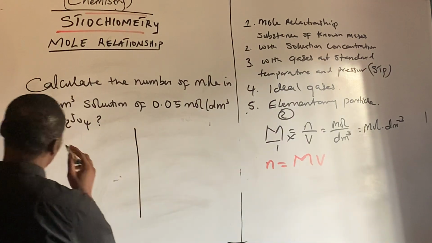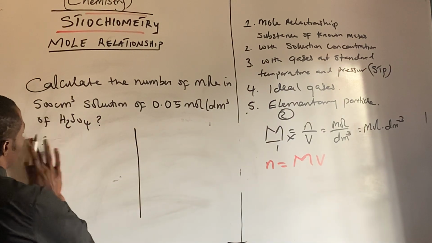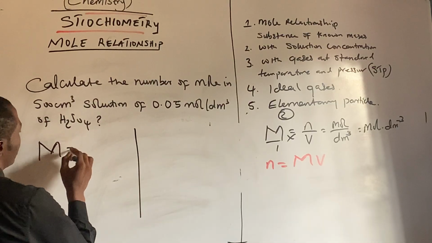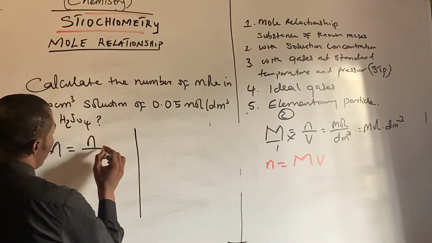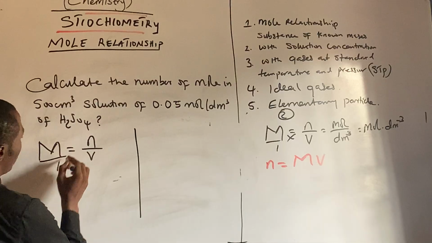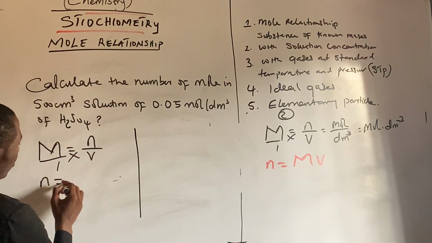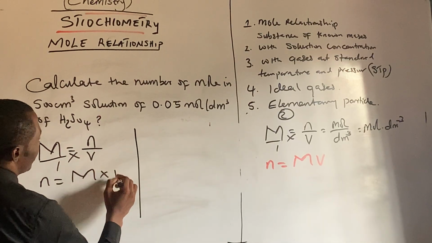Recall that molarity is equal to number of mole over the volume. So if I put a 1 here and cross multiply, number of mole is molarity times volume.